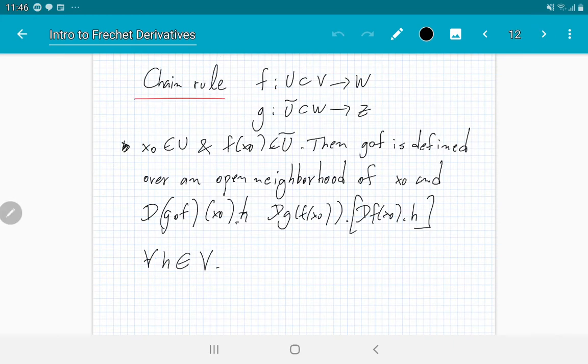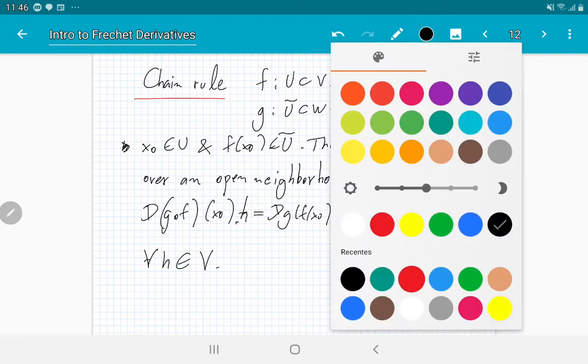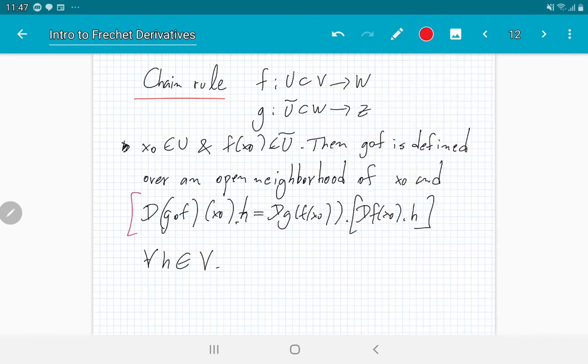Okay, the final result of this video is the chain rule. Basically, what I'm going to show you is that if you have a composition of functions G and F, the Fréchet derivative of the composition can be computed as a composition of linear maps.